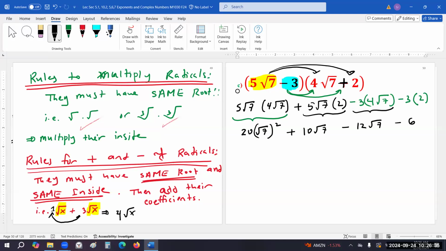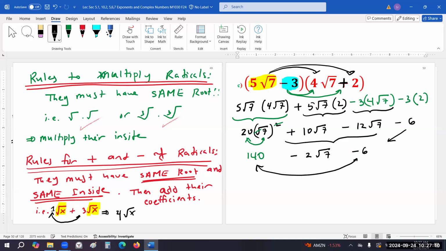Kevin, you simplify the radical 7 and the exponent 2, and then you get 140. And you add 10 radical 7 minus 12 radical 7. Can you combine them? So negative 2 radical 7, and this is extra 640.